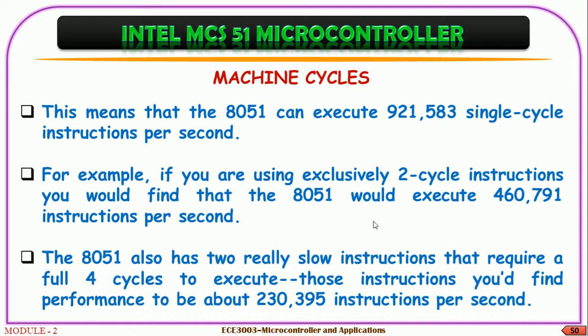Mainly the machine cycles are calculated because if you want to generate a clock signal for various applications, we need the machine cycle of each instruction. Then only we can find out how much time is taken by each instruction, so that we can set the delay for the generation of the clock.